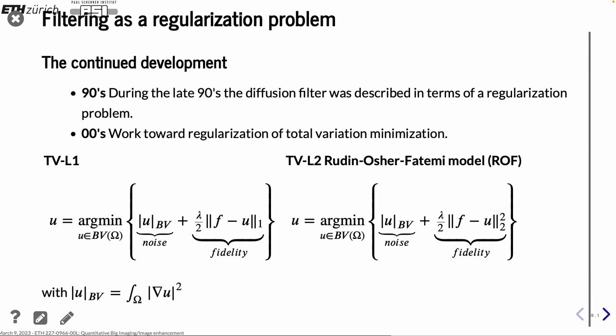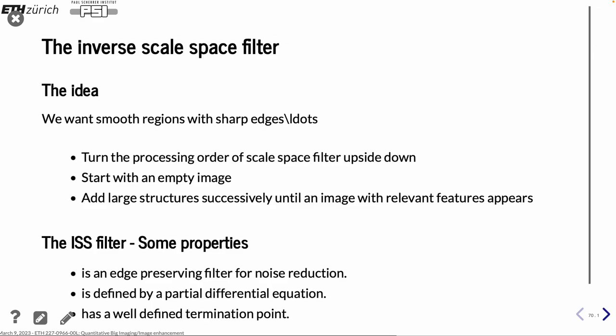The bounded variation that we see as BV here is actually the integral over the whole image of the absolute gradient. And that can be used to control in the minimization problem. And the result is that we get something called, for example, the total variation filter, and one is called ISS, which stands for inverse scale space.